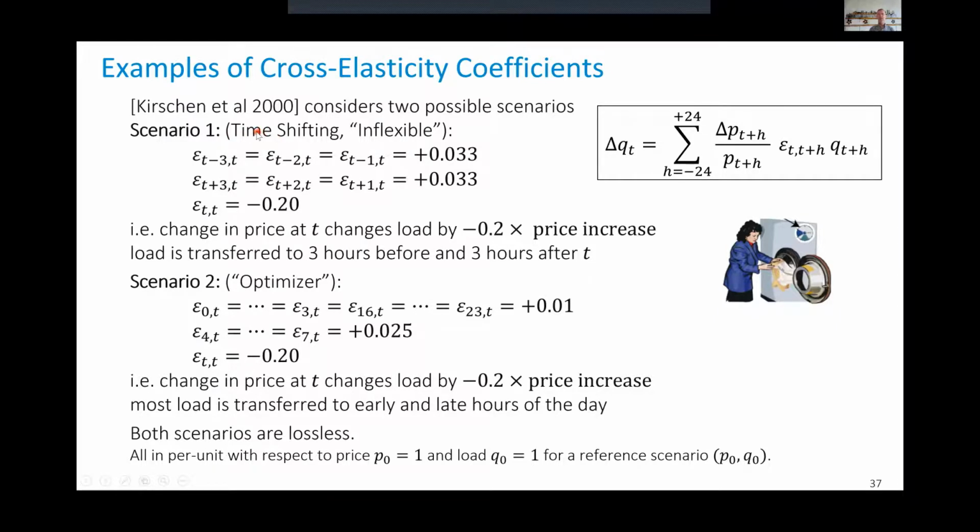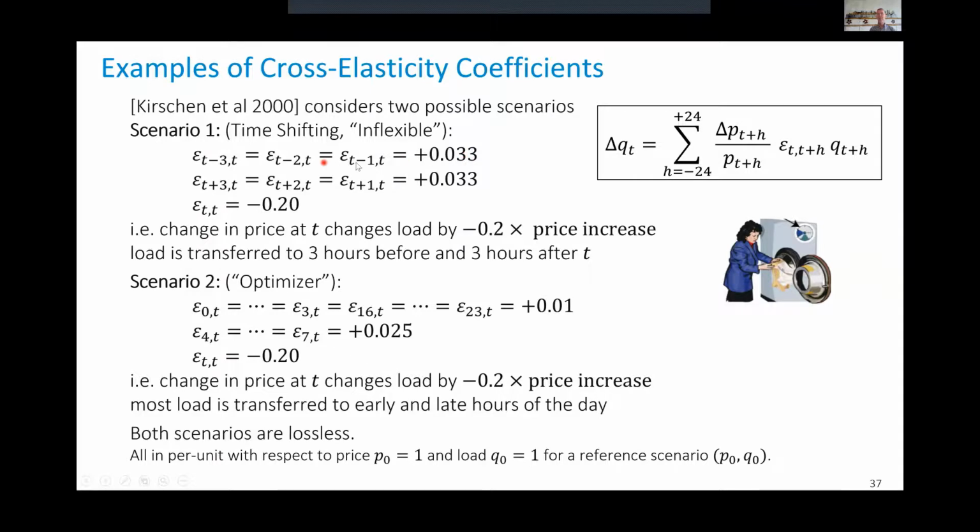Here, they've assumed that these first users are only shifting a little before or a little after. So the 3 hours before and after the demand response event cause a small reduction, a shift, and it's lossless. So 20% of the load is reduced by having a demand response event, 0.20 times the price difference.